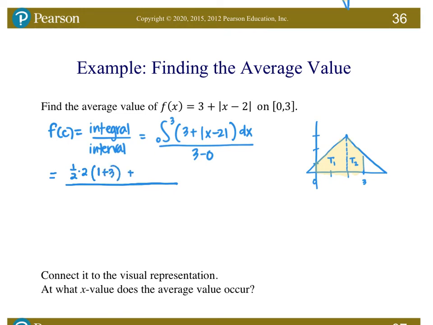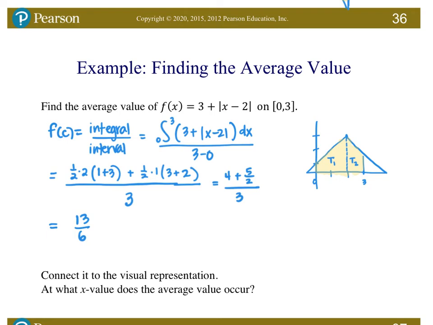And the second trapezoid, 1/2 times a base of 1, and then its heights are 3 and 2. And the whole thing is over the value 3. So that turns out to be 4 plus 5/2 over 3, which is 13/6.